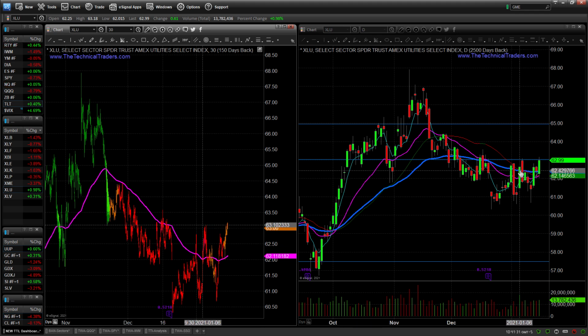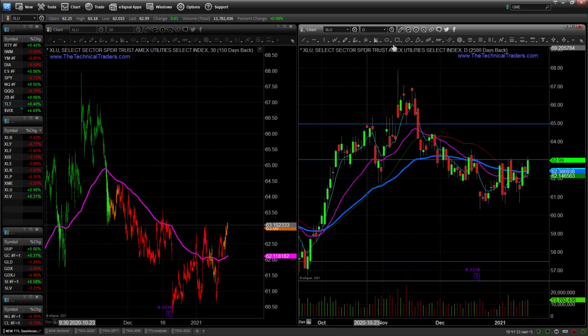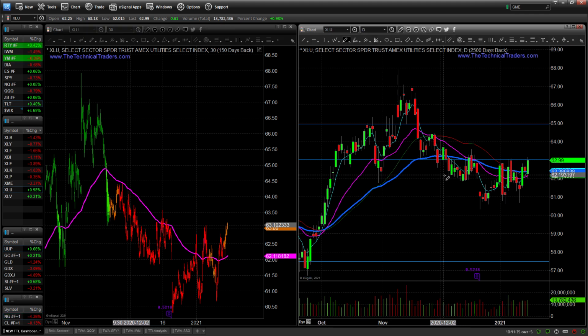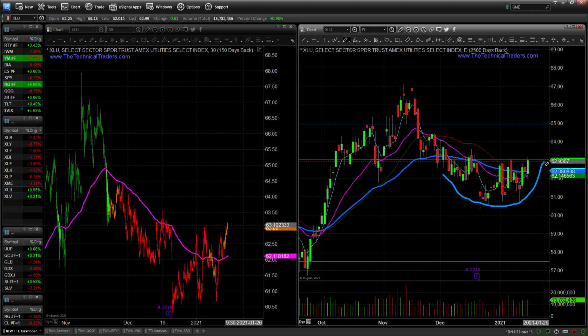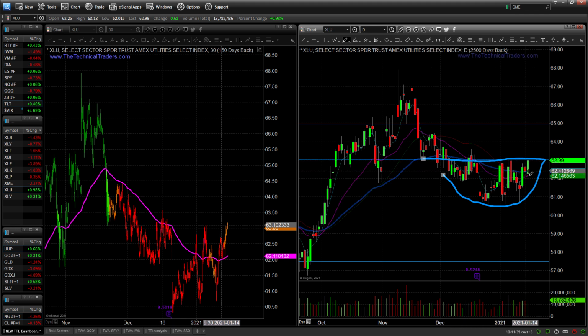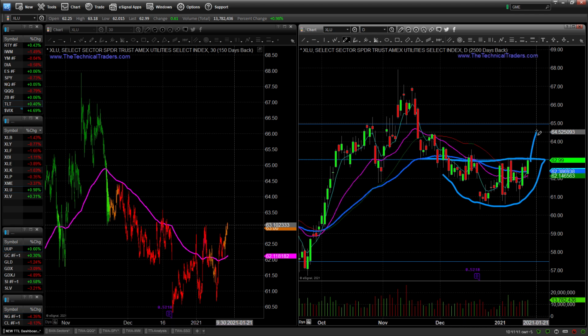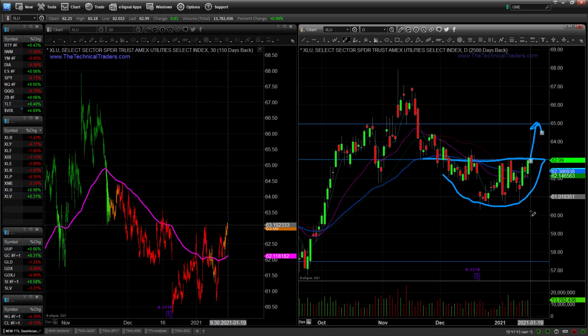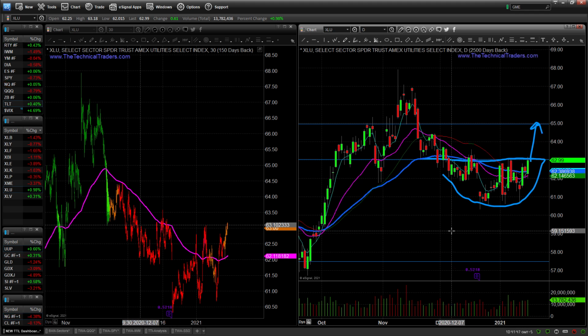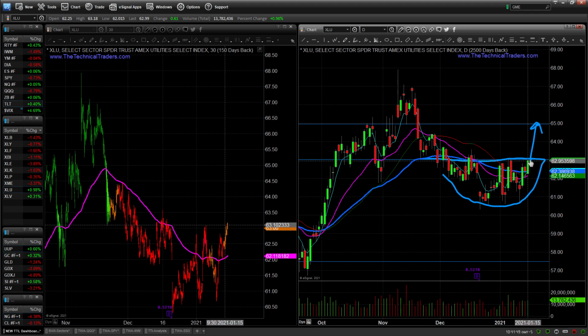And when we look at the daily chart, it really does look like it's trying to carve out what you could say is kind of a rounding formation, and this is a base. And if it starts to break here, we're going to go probably back up to the 65 level, currently at 63 right now. So if that's the case, that means the stock market could have a choppy week this week.